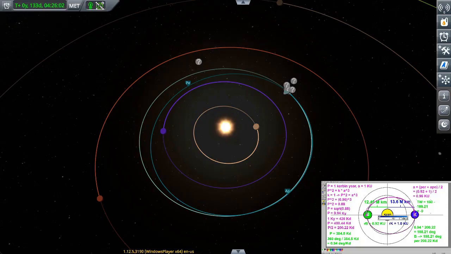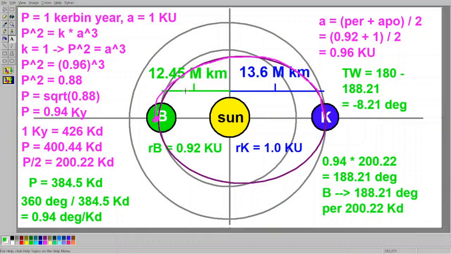It's equal to negative 8.21 degrees. So in reality, Bill Kerman should be negative 8.21 degrees, which is about 8 degrees, right? 8.21 degrees behind Kerbin. Oh, okay.